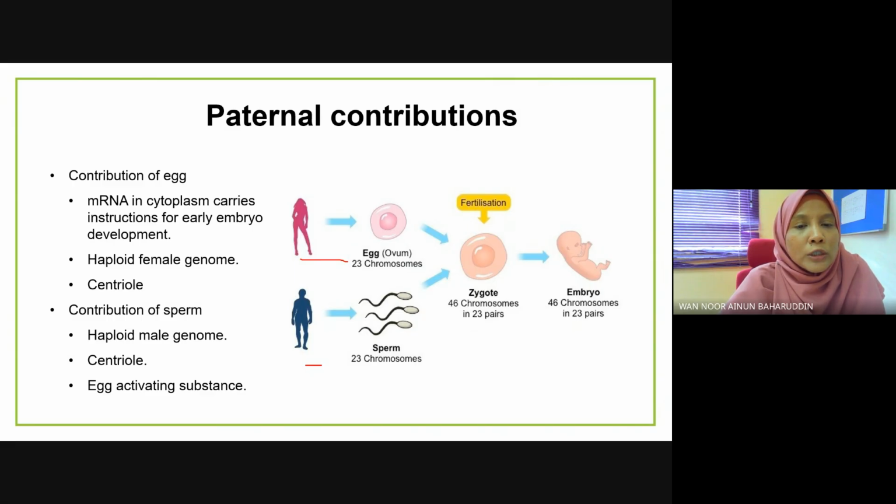And the contribution of sperm, they are also haploid male genome. They contain centriole and they activate this egg. So there are a lot of contributions that lead to the fertilization of a zygote. Then it further develops into an embryo.